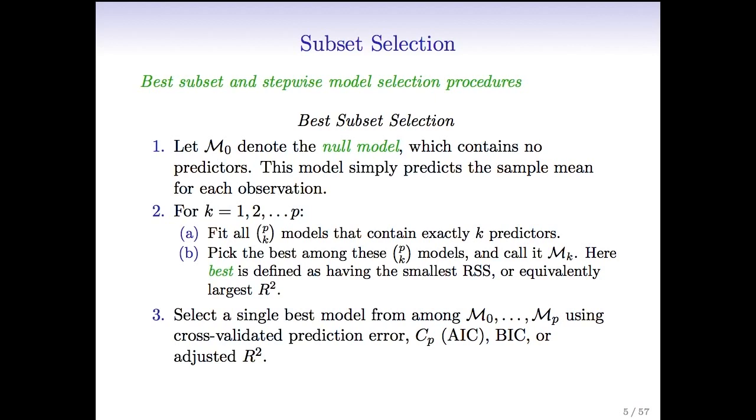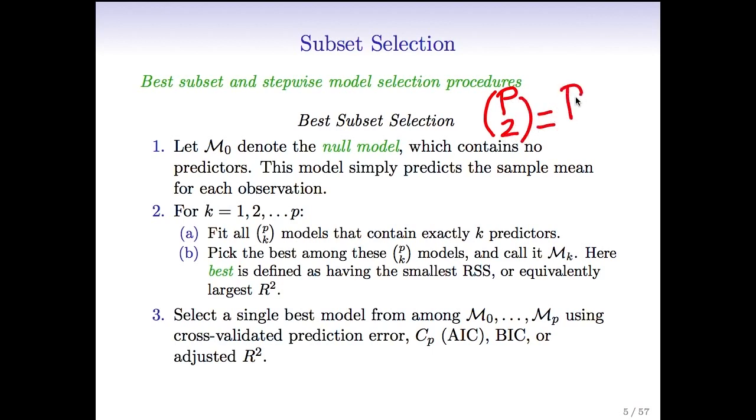Next, we want to find a model called M2, which is going to be the best model that contains two predictors. How many models are there that contain two predictors if we have P predictors in total? The answer is P choose 2. If you haven't seen this notation before, it's pronounced "choose", so this means P choose 2.